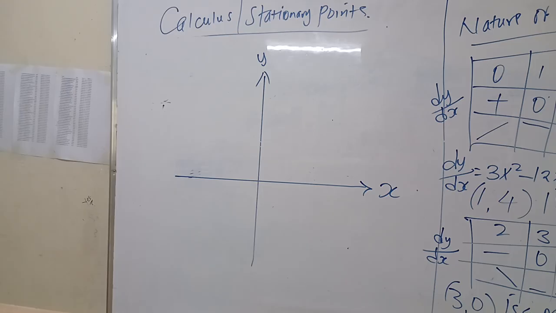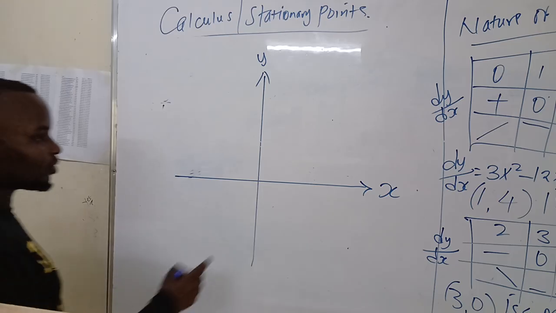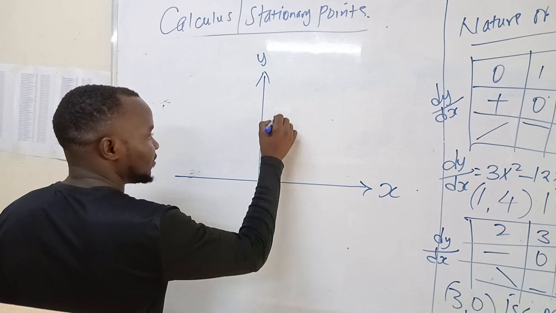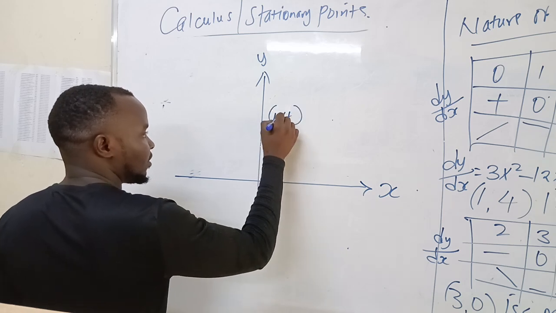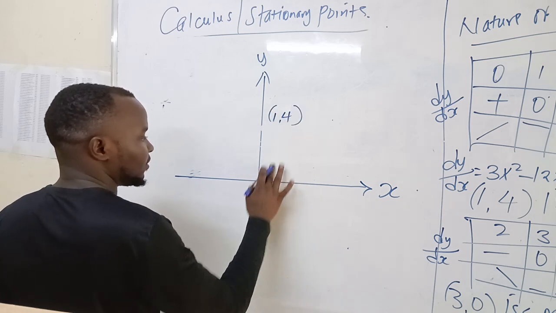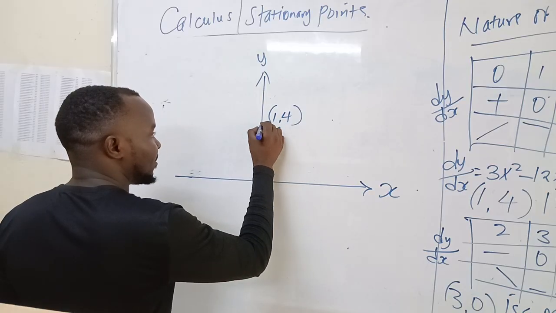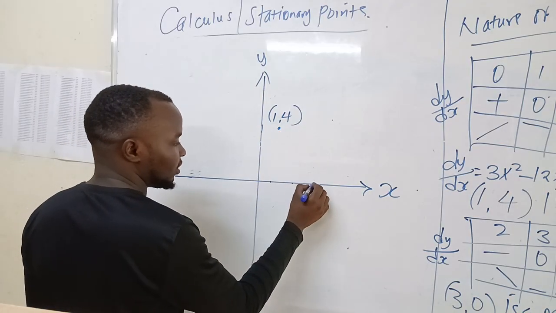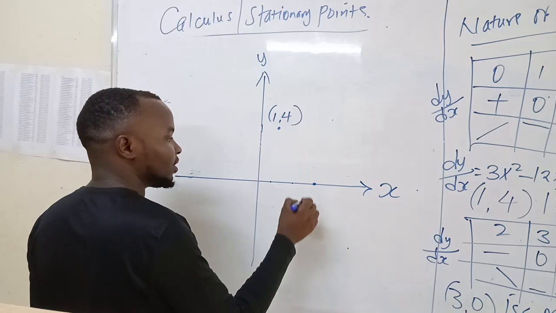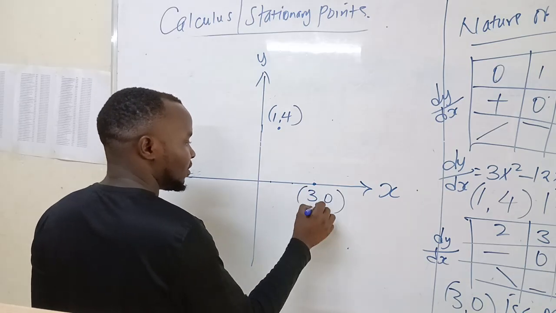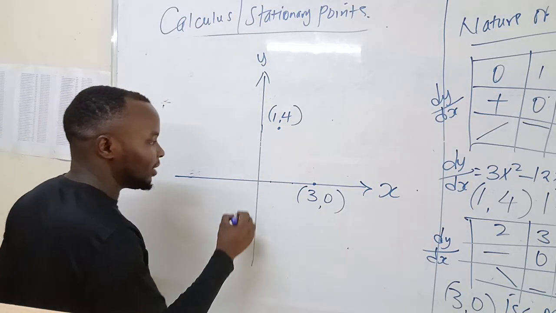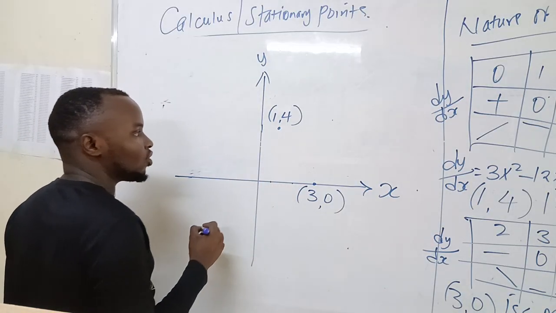So in our Cartesian plane, the first point is 1, 4. That is our point. Remember, this point is maximum. The other point is 3, 0. It is our minimum.